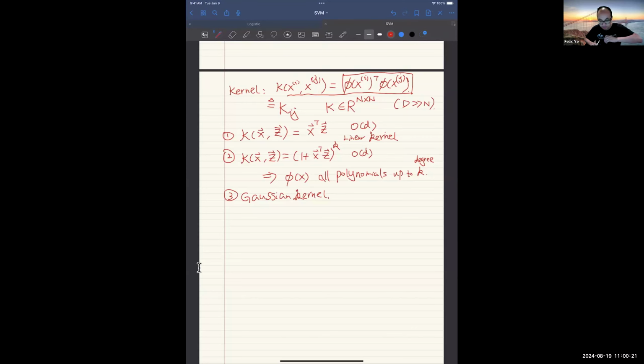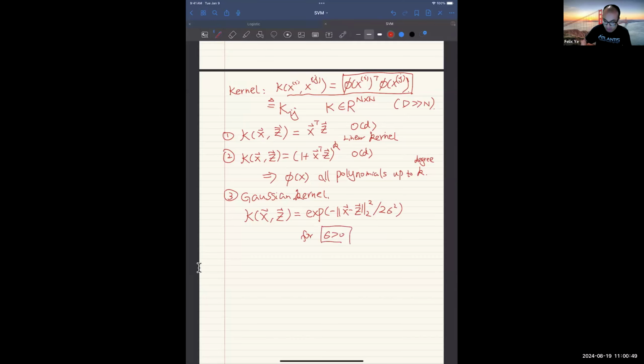You can define k(x, z) as exponential of minus the squared 2-norm of x minus z, divided by 2 sigma squared, for sigma bigger than 0.